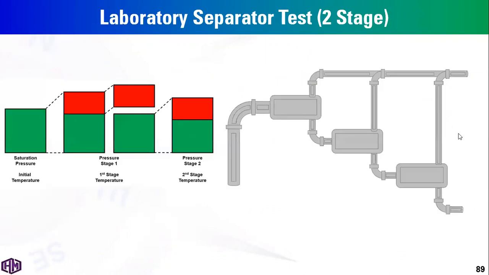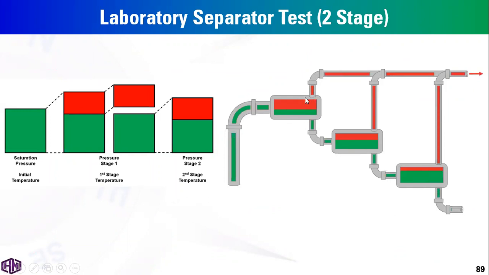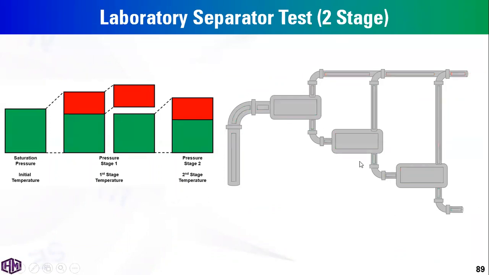In this animation, you can see the separator testing. We have the liquid stream. This stream will be separated into two parts, oil and gas. Then this is the second stage, where this liquid will be separated into two main components, and so on.